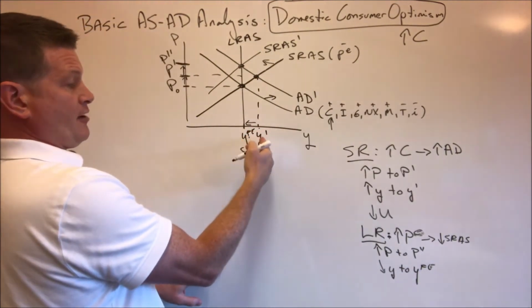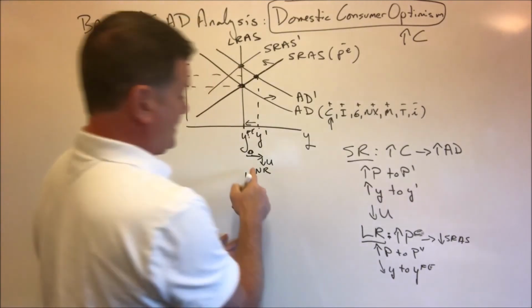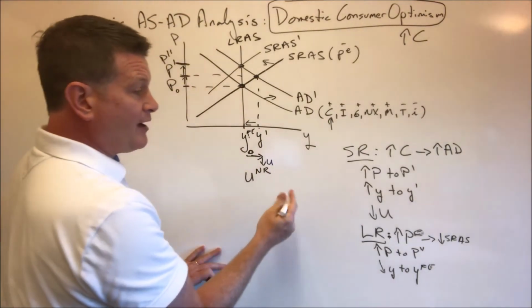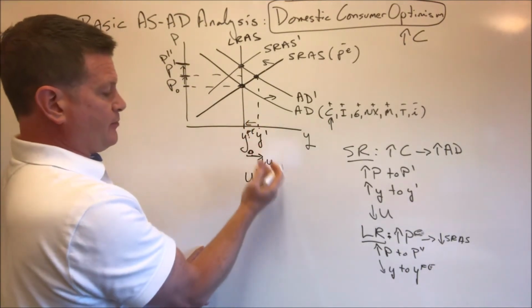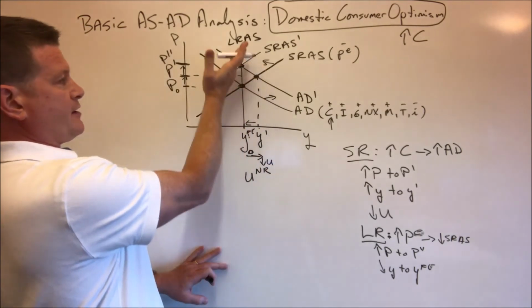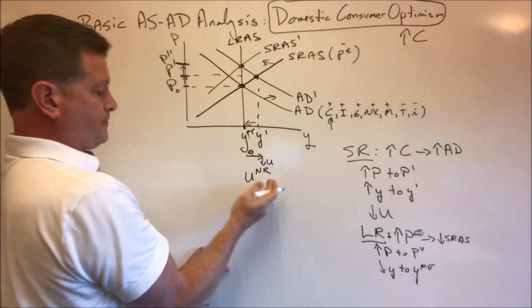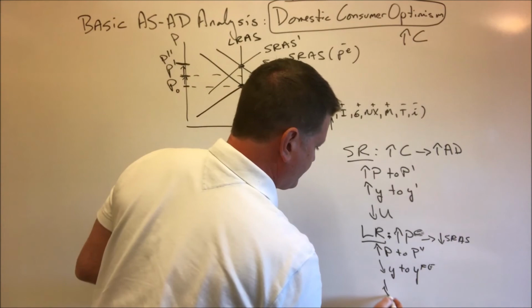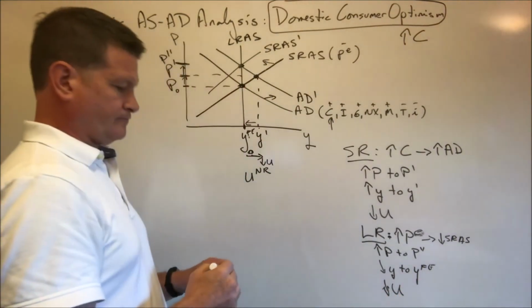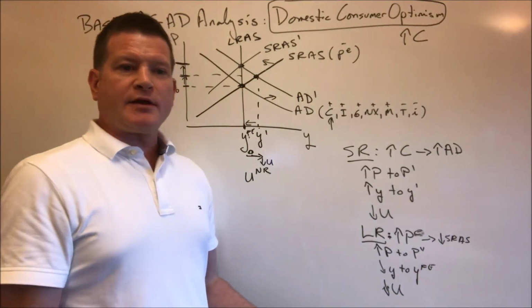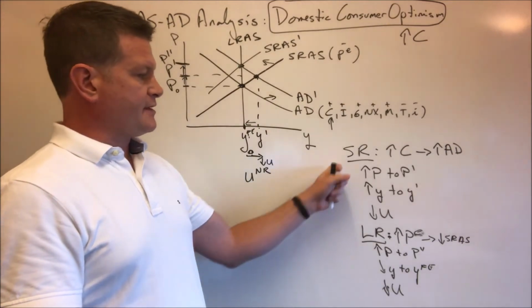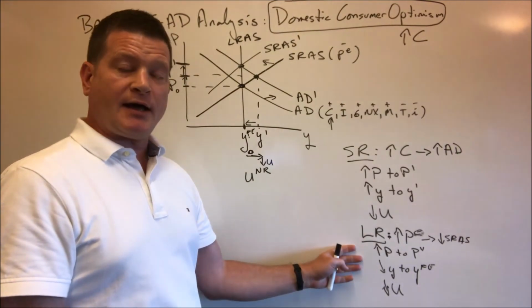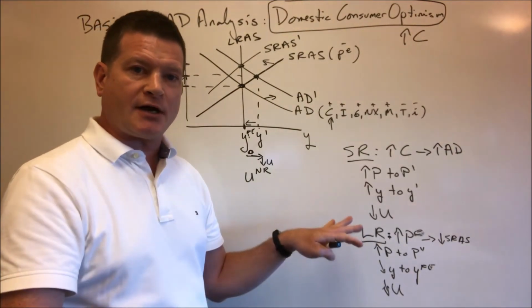So output went out and came back down, and unemployment had to rise. When the economy expanded, unemployment fell, but now that it comes back to its long-run level, unemployment rises back up. So we have a pretty clear prediction of what happens initially and what happens over time as the economy works out the shock through its system.